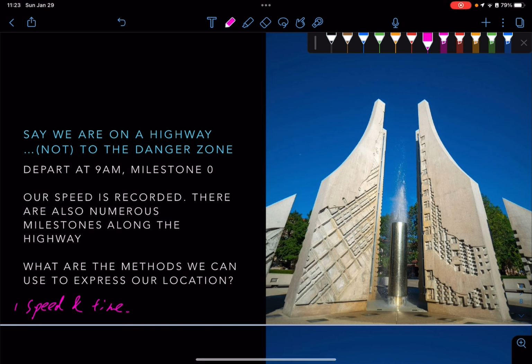So the second way we can describe our location is just using what I call the arc length. The milestone is essentially the expression of the distance, which is the arc length.